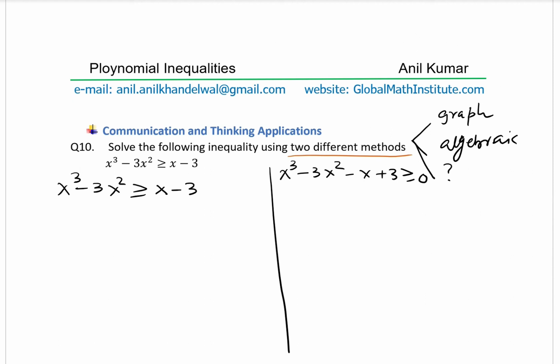So those two equations, we'll treat them differently. So here, we can factor out x squared, so we get x squared times x minus 3. On the other side, we have x minus 3. Okay, that's interesting. So we just factored out and we have x minus 3 and x minus 3.